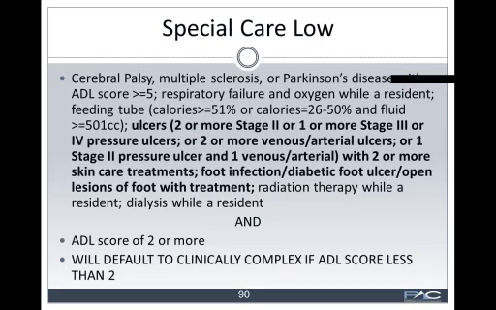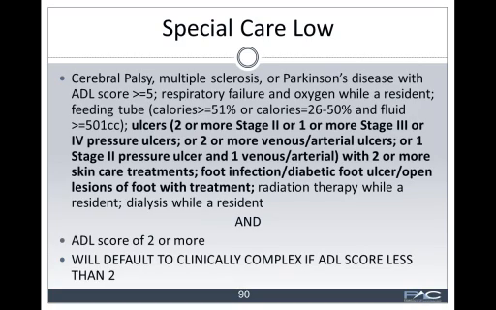In light of time today, I did extract some of the information on venous and arterial ulcers, but again, if it's something you want more information and guidance on, you can look at your RAI manual as well as going to the CMS website under their MDS 3.0 link and pulling the training slides off. There's quite a few pictures that I believe are very helpful for venous and arterial ulcers.